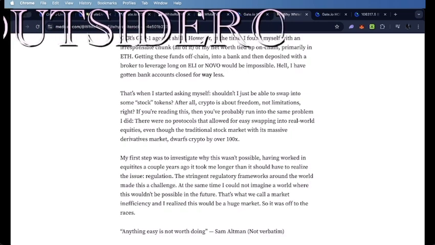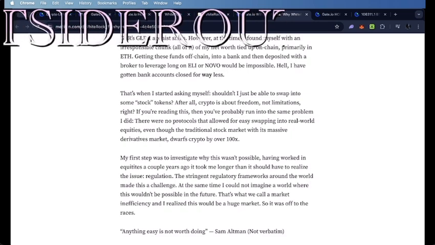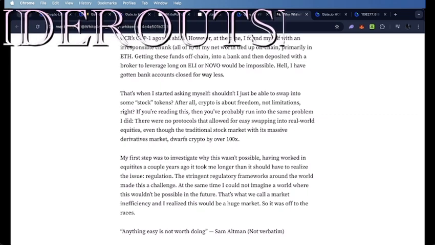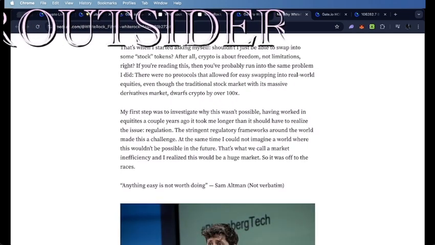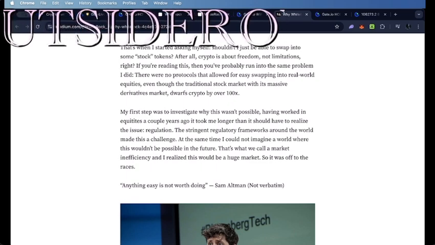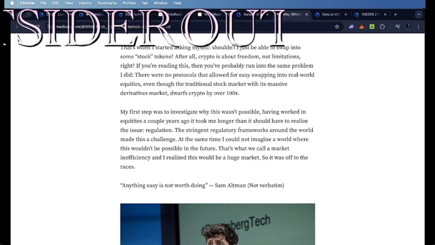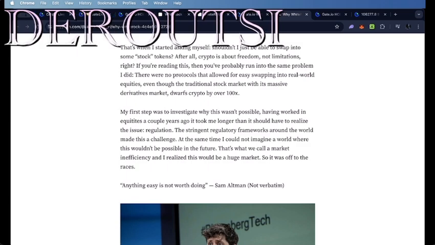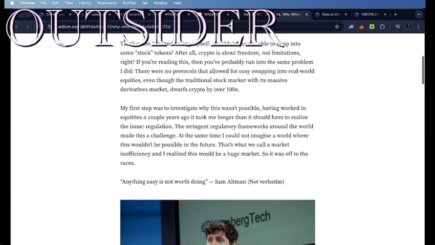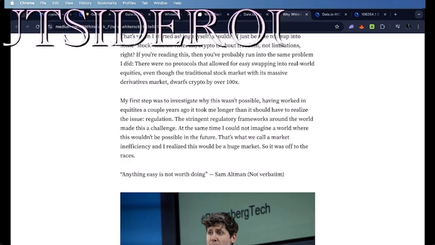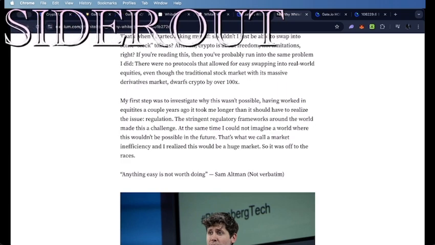Even though the traditional stock market, with its massive derivatives, dwarfs crypto by over 100x, my first step was to investigate why this wasn't possible. Having worked in equities a couple of years ago, it took me longer than it should have to realize the issue: regulation. The strained regulatory frameworks around the world made this a challenge.